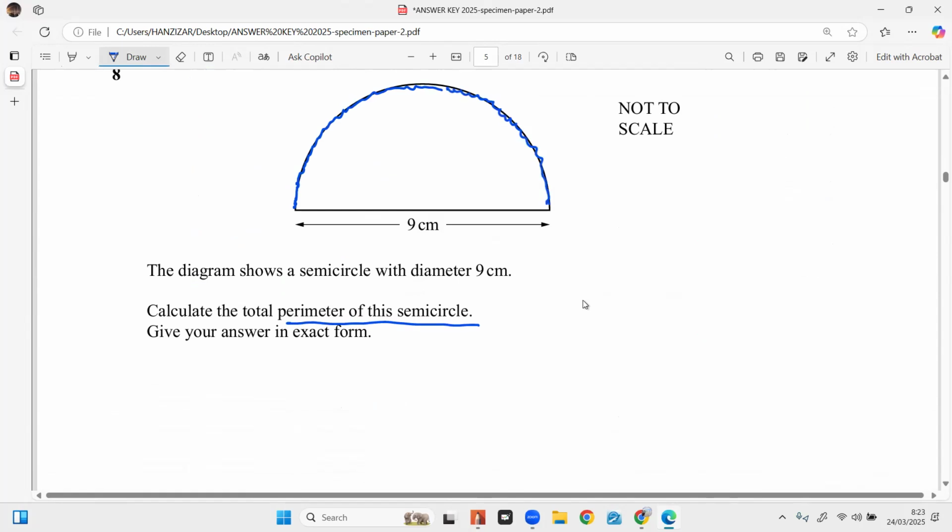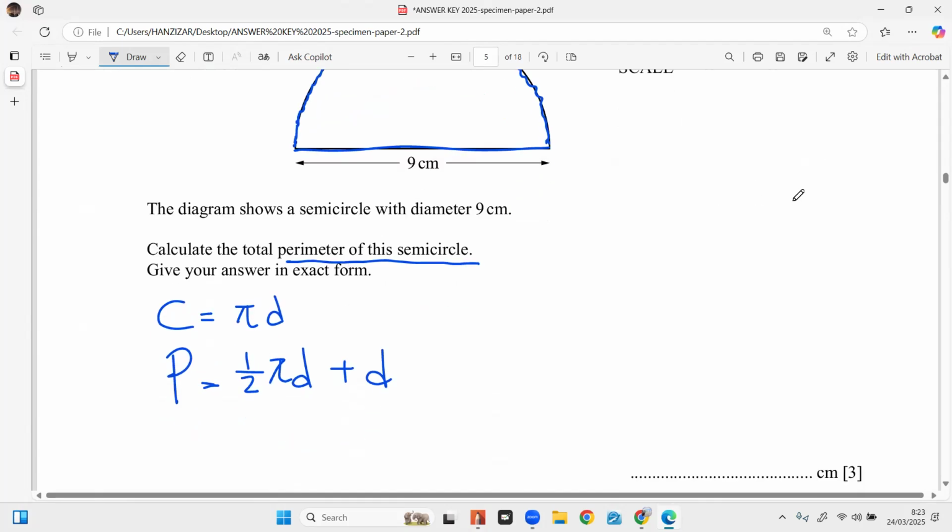We need to memorize the circumference of a circle is pi d, but we only take half, right? So the perimeter of the curved part here is half pi d. Don't forget to add the straight line, the diameter itself. Some of you might miss this number. The diameter is 9.